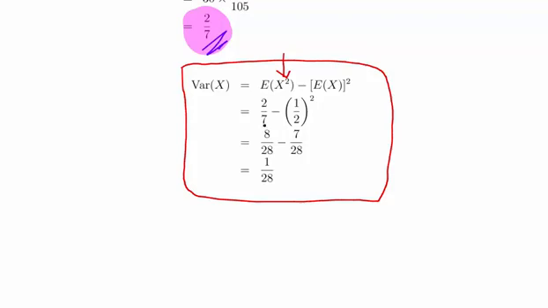We have 2 over 7, which is the expected value of x squared, and the expected value of x multiplied by itself, or squared, is 1/2 squared. When we calculate it out, it works out to be 1 over 28.